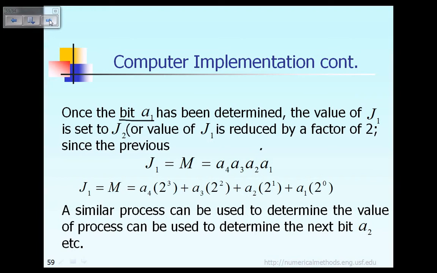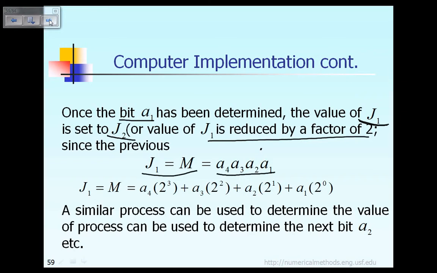The next thing we do is that the value of J1, which was originally set equal to the value M, is now set equal to J2. So basically the value of J1 is reduced by a factor of 2. Remember, in the previous step the original value M is the same thing as J1, and M will be expressed using 4-bit binary form.